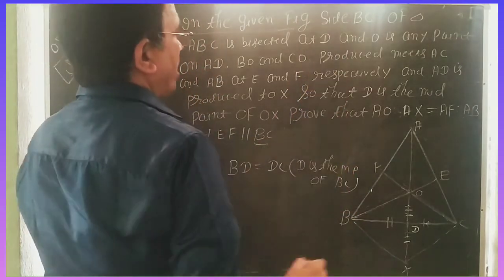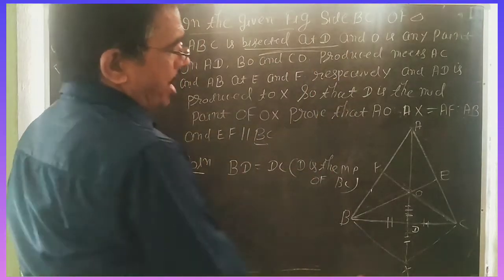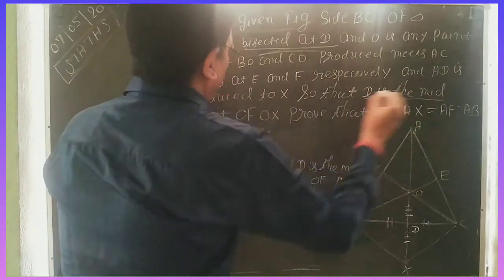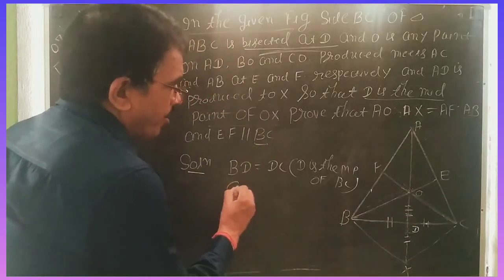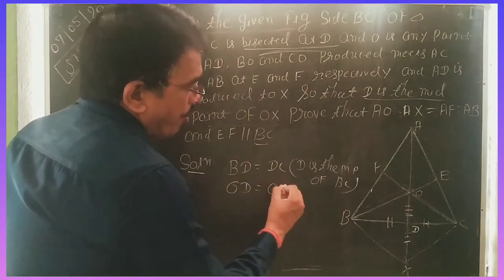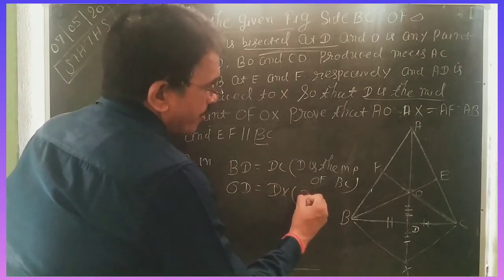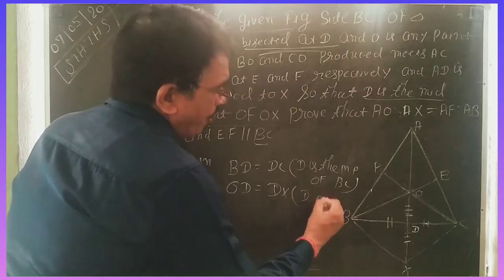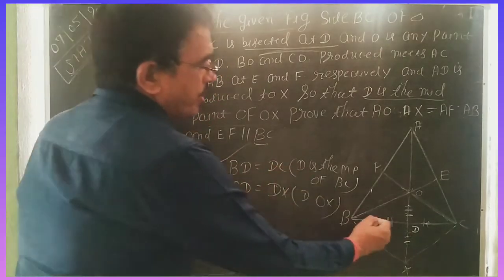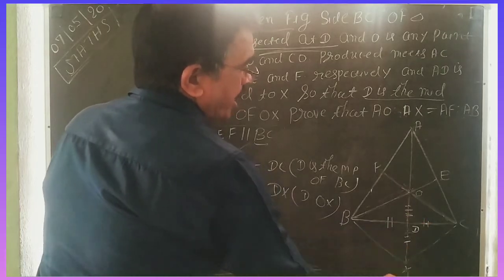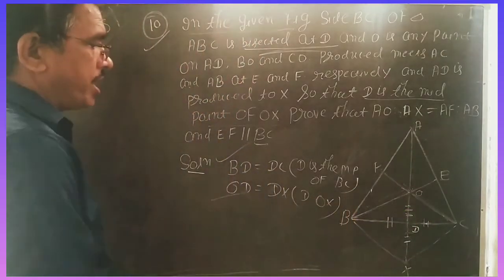And D is also the midpoint of OX, so OD is equal to DX. So what do you conclude? The diagonals bisect each other.